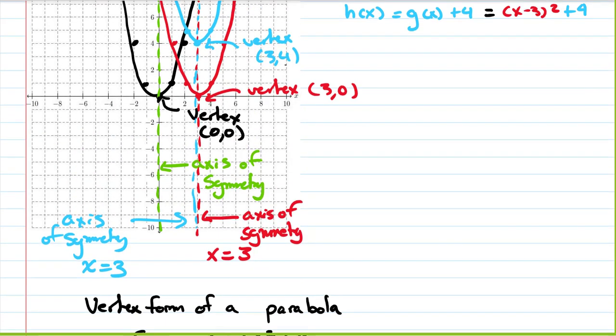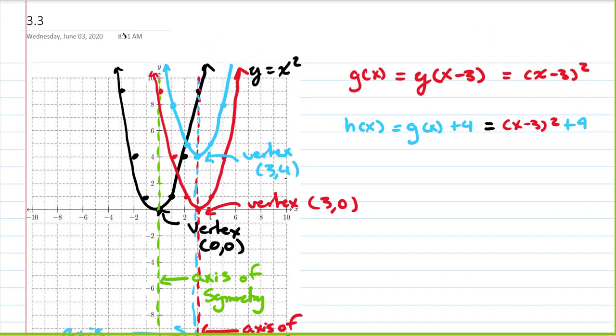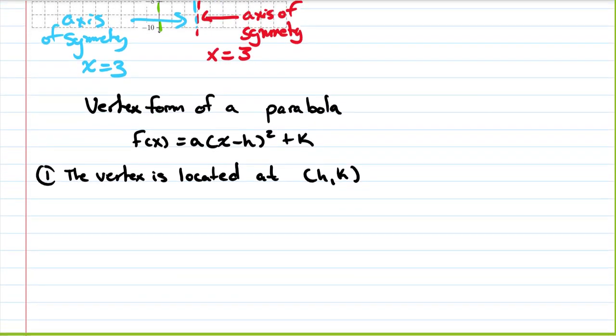So just like here it moved it right 3 and up 4, our vertex was at the point 3 comma 4. So in general, when we have vertex form like this, our vertex is always located at the point h comma k.